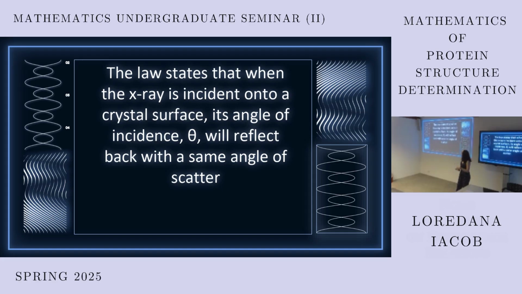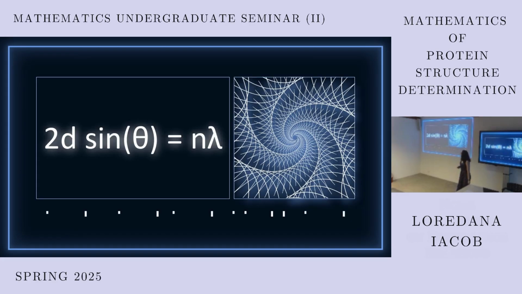The way it is reflected is the same as when you reflect light in a mirror, with a reflection angle the same as the angle theta, the angle between the plane and the incident ray. The law states that 2 times the distance between the planes times the sine of this angle theta is equal to an integer multiple of the wavelength of the ray.